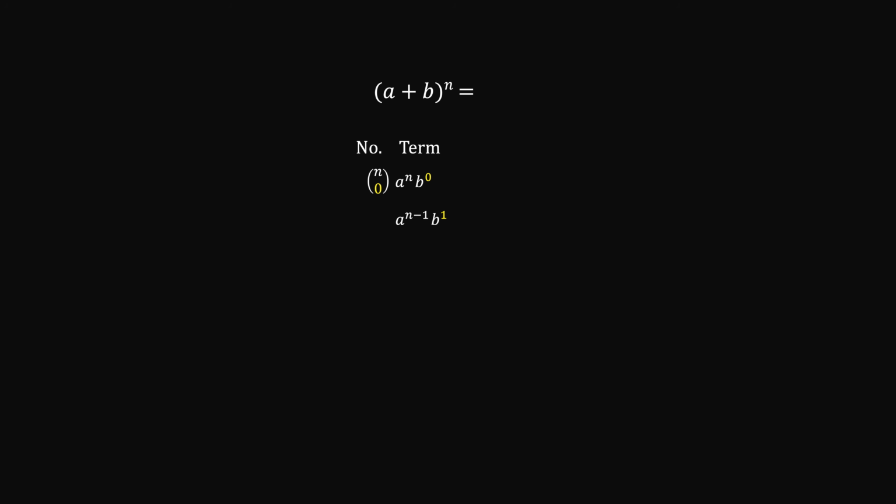Then we have a to the power of n minus 1 times b. The coefficient is the number of ways to pick 1 out of n. And so on, until a times b to the power of n minus 1. The coefficient is picking n minus 1 out of n. Then the last one, a to the 0 times b to the n, with a coefficient of picking n out of n.